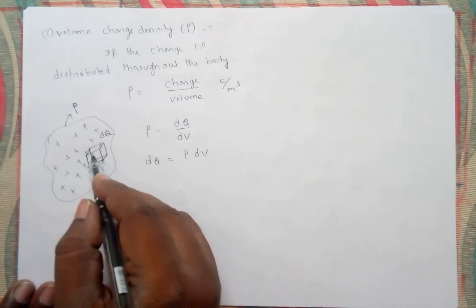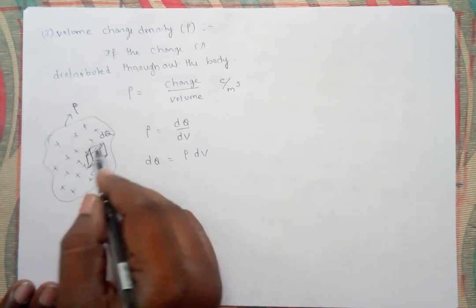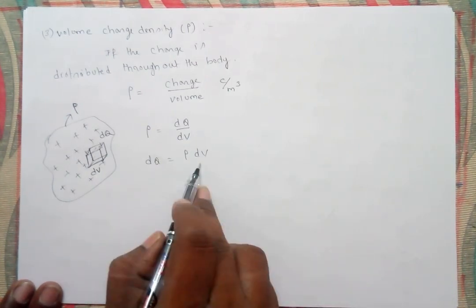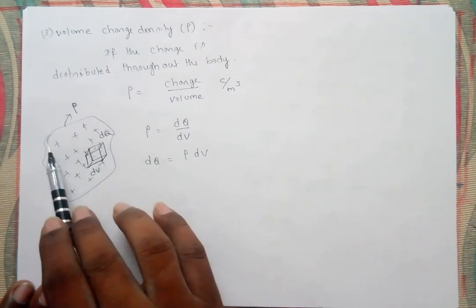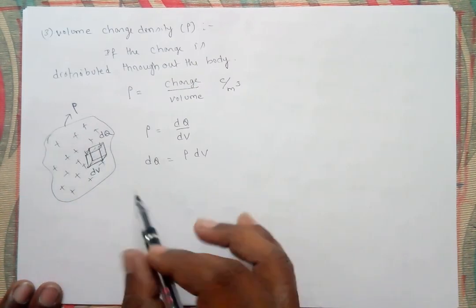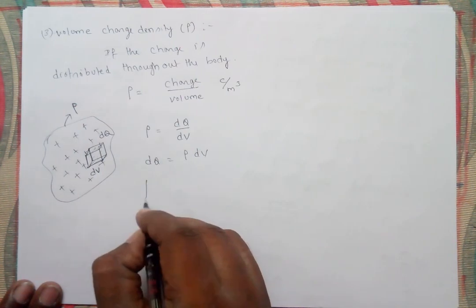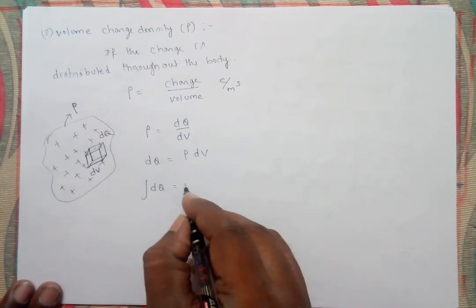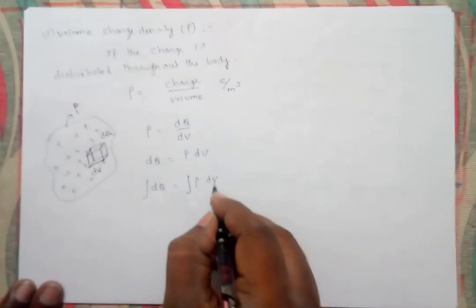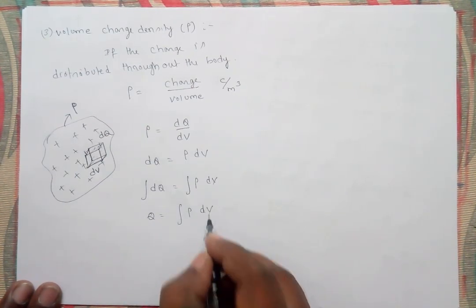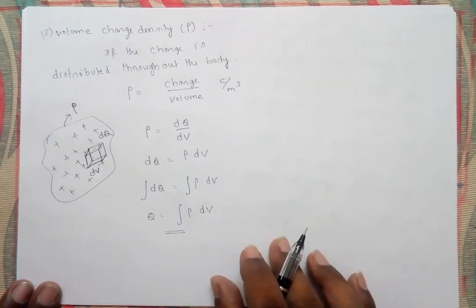If you want to find the charge of this entire body, you can go for integration on both sides: integral dq equal to integral rho dV, then q equal to integral rho dV. This is the total charge.